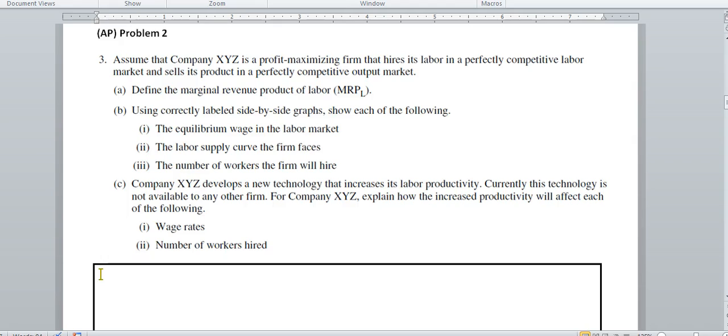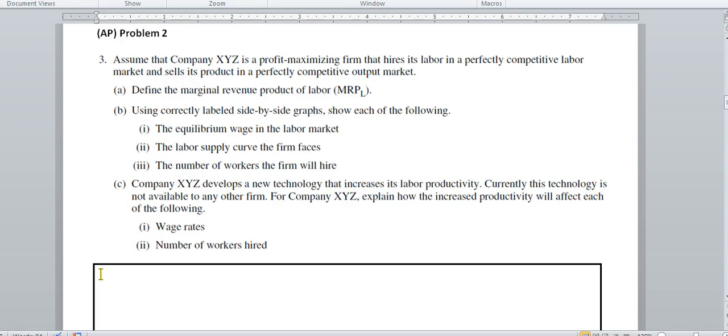Okay, now we need to draw a graph, and this may be a little bit tricky, so I want to help you out here. This is going to be very important. If you understand this graph, you'll be able to answer several of your quiz questions.